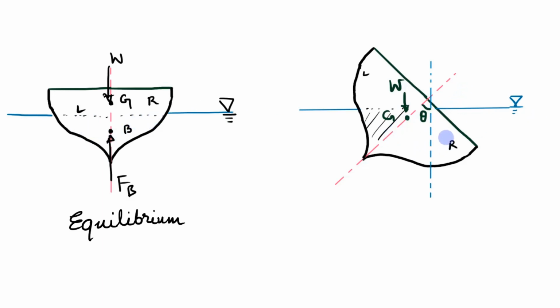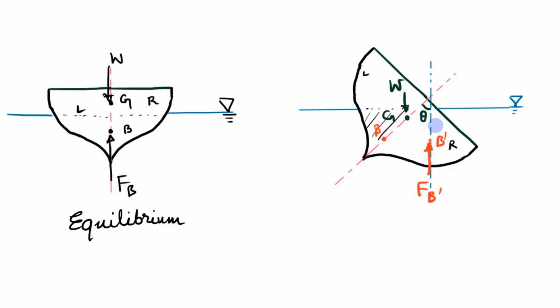Since there is an increase in immersed volume on the right side, what happens? The center of buoyancy, B, was the earlier position, and now it will move towards the right to a new position, let's say B dash. The buoyant force now acts at this point B dash, so let's write Fb dash.